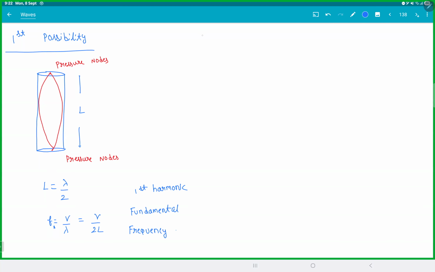What is your second possibility? The second possibility will be two loops.